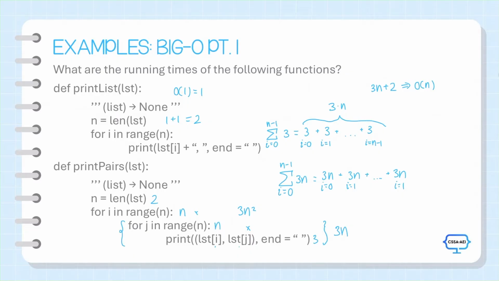And then this is happening n times. So it's going to be 3n times n, which is 3n squared. So the total number of operations is going to be roughly 3n squared plus 2, and that'll just convert to O of n squared in big O notation.